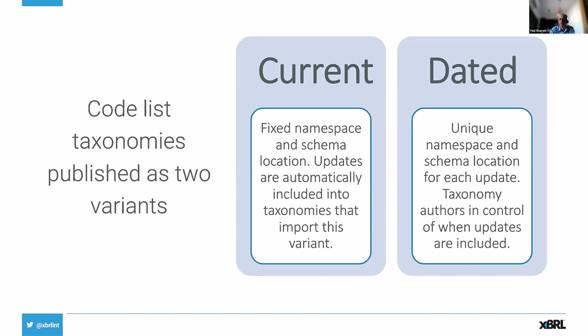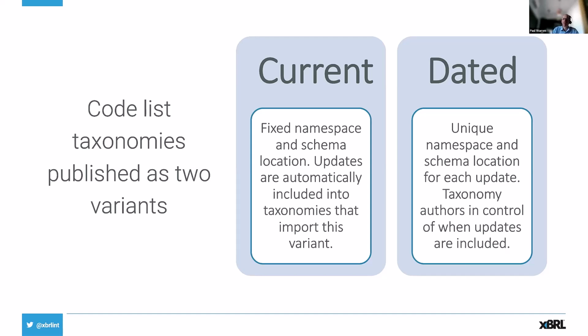The approach that we take, we never remove codes from the code list. Where codes are withdrawn, we leave them in the taxonomy, but we flag them as having been withdrawn. So there's no danger that codes will be removed and therefore invalidate existing reports. We only ever add codes to the list.